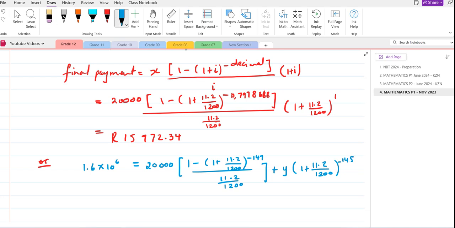Right, so let's solve this. Y is equal to, I'm just going to do it one time on the calculator. I'm going to take this and minus all of this and then divide it by this answer here. So just follow through.